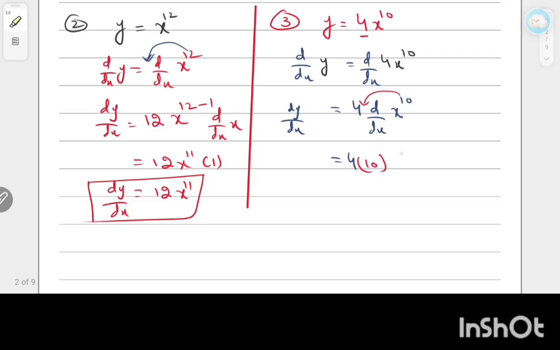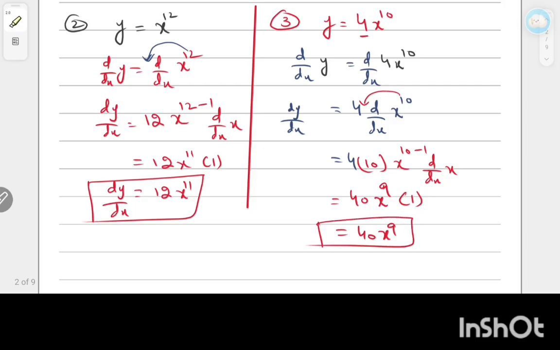After the power is at start, we subtract 1 from the power and take the derivative of x, because we have to take the derivative without power. It will be 40 x power 10 minus 1, which is 9, and the derivative of x is 1, so 40x^9, we got this answer. Hopefully dear friend, you can understand this concept.